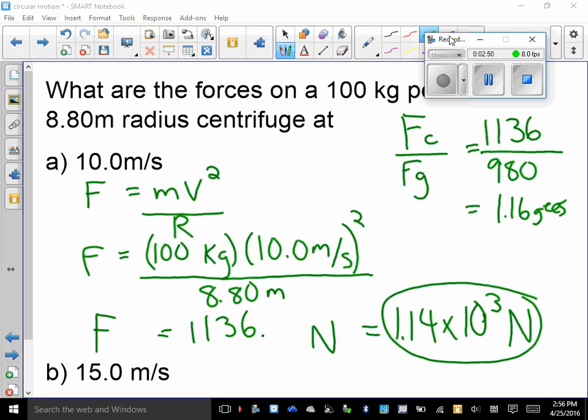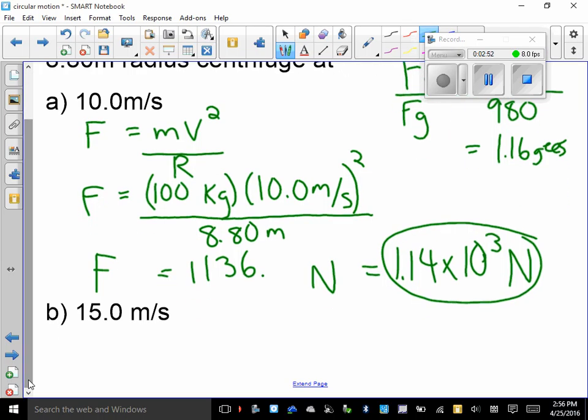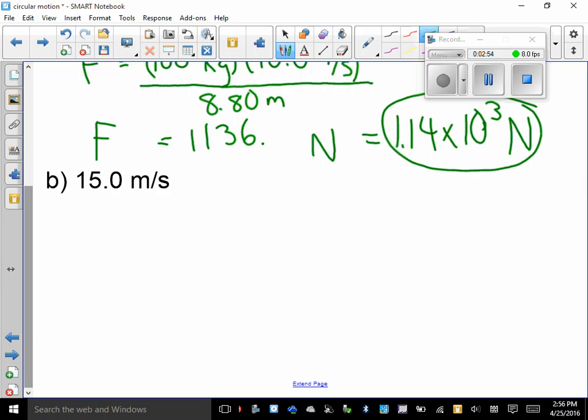Now if we increase to 15 meters per second, let's see what would happen. We're going to use force equals mass times velocity squared over radius.